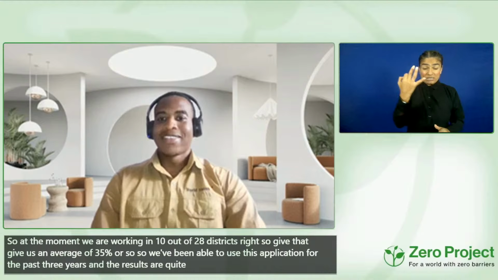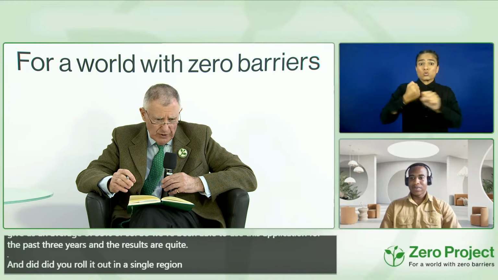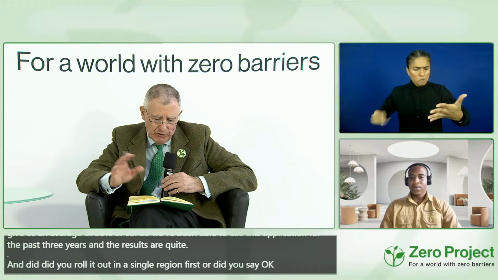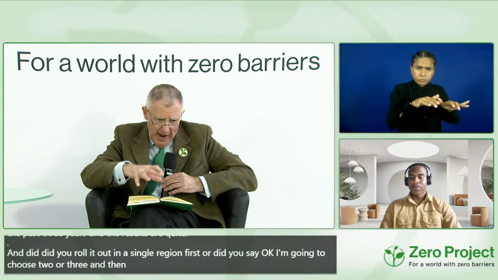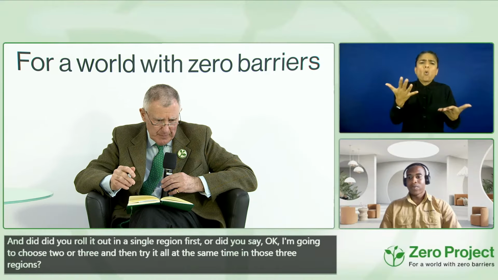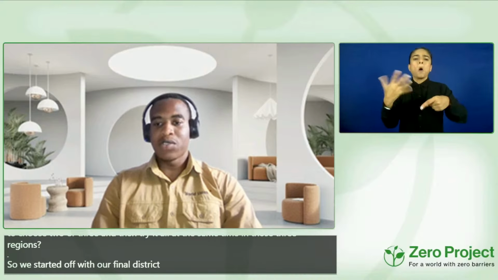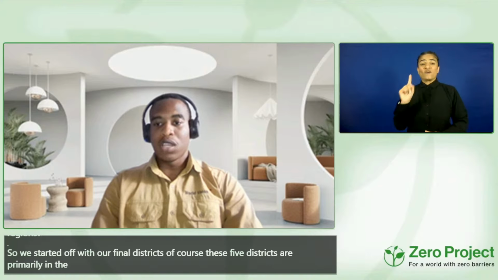Thank you. Did you roll it out in a single region first, or did you choose 2 or 3 and try it all at the same time in those regions? We started off with 5 districts, primarily in the northern and central region.